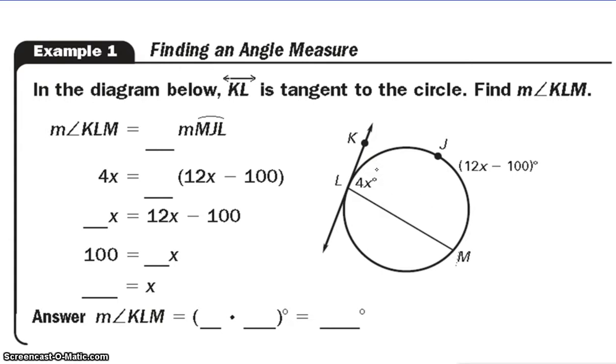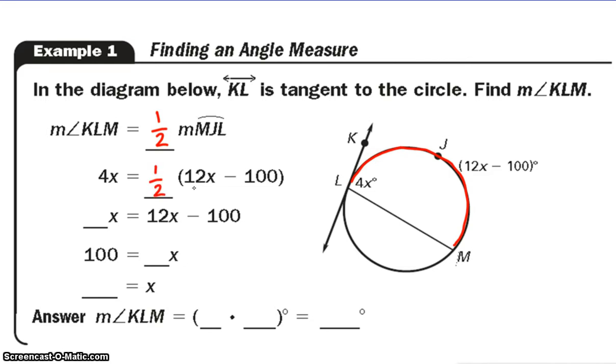Alright, so here we have KL, and KL is tangent to the circle. It's our job to find the measure of angle KLM. Well, I know that KLM is 4x, and the arc it intercepts, LJM, is 12x minus 100. So the angle is equal to 1/2 of the arc. I replace KLM with 4x, and I'm replacing the measure of arc MJL with 12x minus 100.